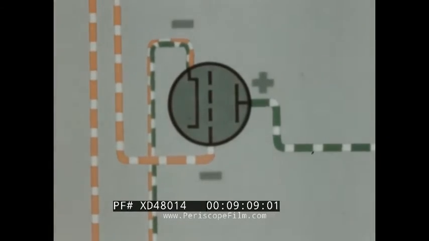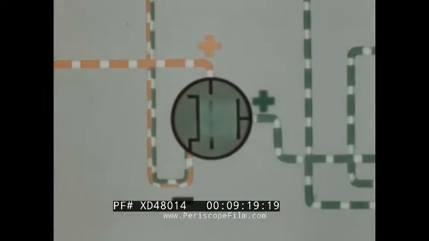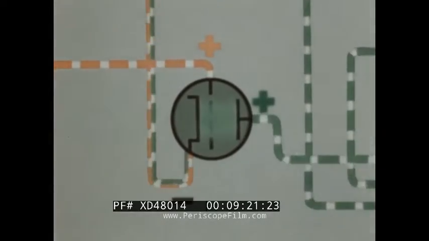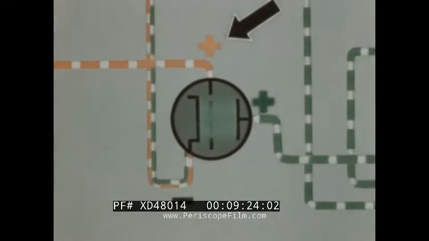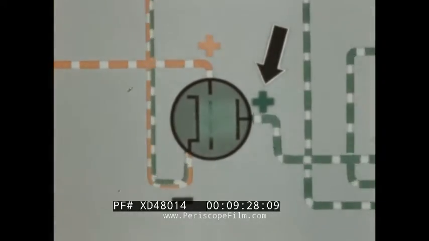The grid of the upper tube is negative. Therefore, the upper tube acts, in effect, like an open switch.